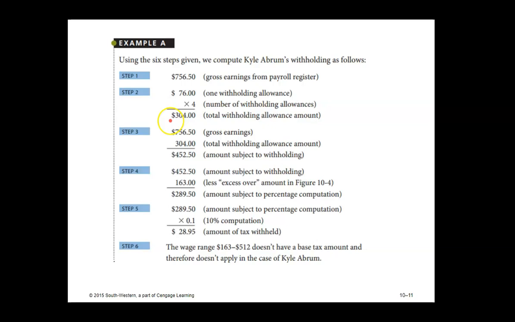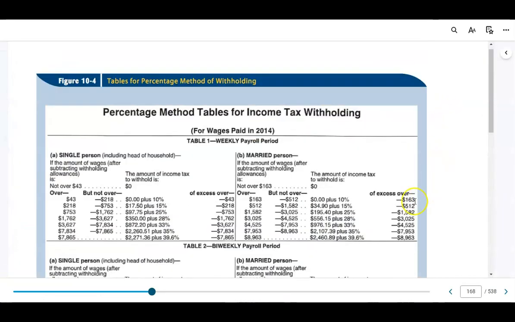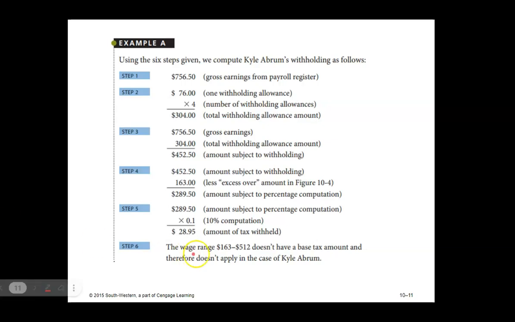Okay, so we already calculated the total withholding allowance amount, the amount subject to withholding. And so for step 4, we're trying to calculate how much over $163 was taxable here. So we subtracted $163 from the amount subject to withholding.